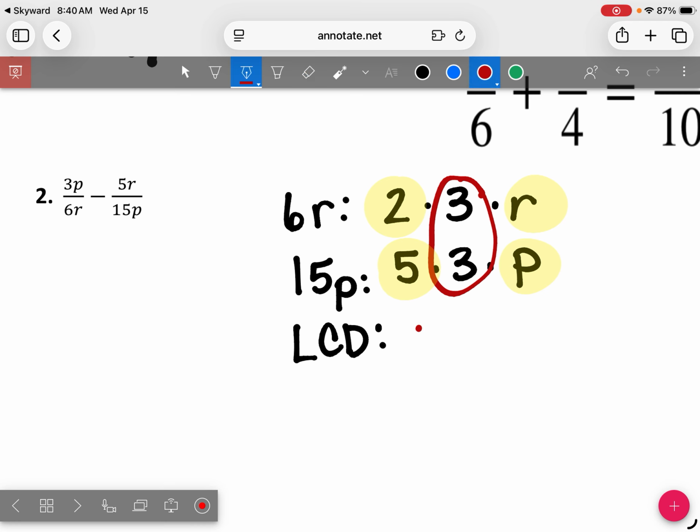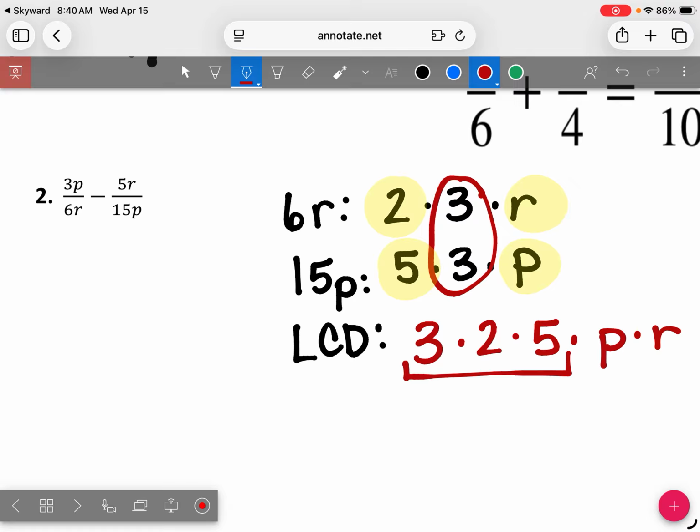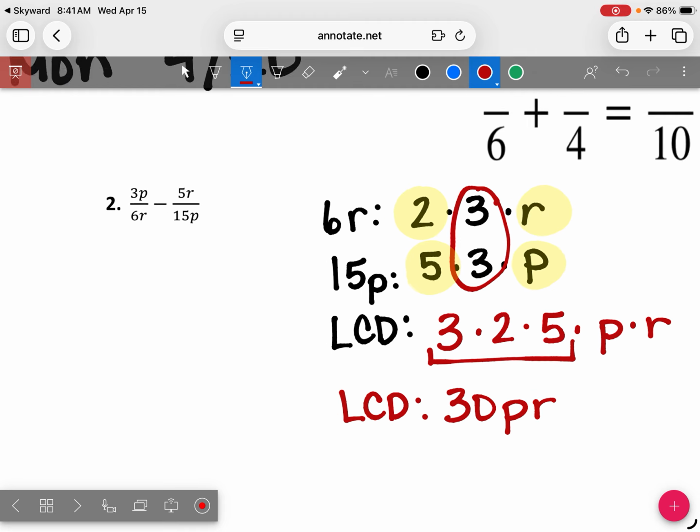We have to put in the 3, and then I have to put in a 2 and a 5 because that's what these two are. And then I also have to put in a P and an R. So all together, multiply your numbers together, see what you get for your LCD. And you should get 30PR. I always put my letters in alphabetical order. So that's my LCD.